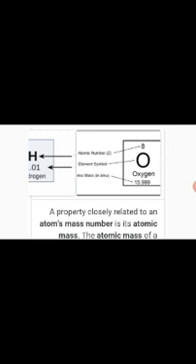When we subtract 16 minus 8, we get the number of neutrons, that is also 8.